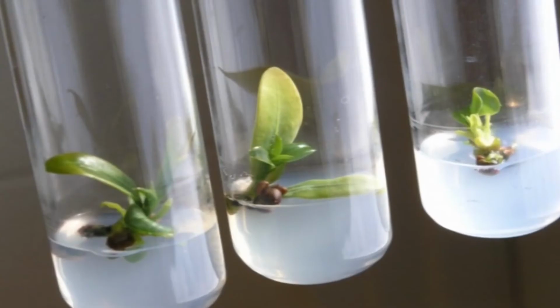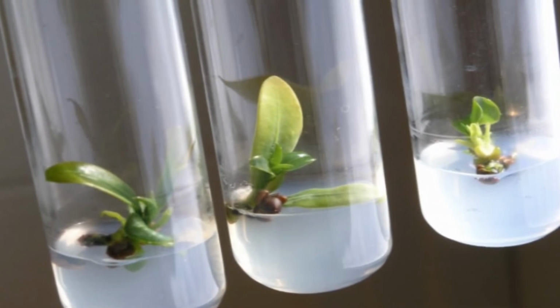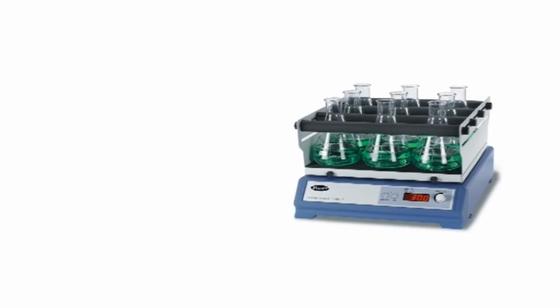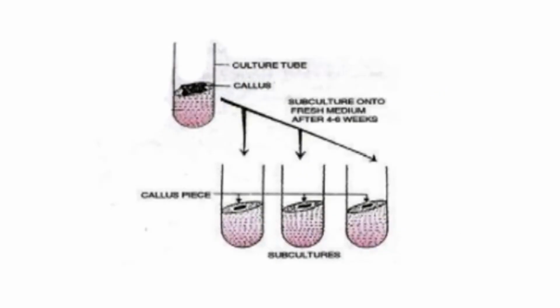The culture conditions mainly depend on plant species among other factors, but in general the cells are cultivated at 100 rpm on a rotary shaker at 25 degrees Celsius. By subculturing for several generations, a fine cell suspension culture containing small cell aggregates and single cells is established.